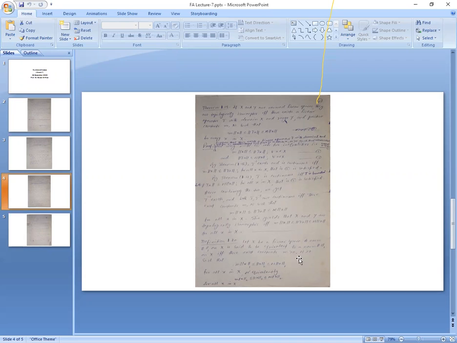So let me repeat once again. X is a linear space and two norms, norm 1 and norm 2, are defined on X. These two norms by definition will be equivalent if and only if there exist two positive constants small m, capital M such that m norm x norm 1 is less than equal to norm x norm 2 less than equal to capital M norm x norm 1.